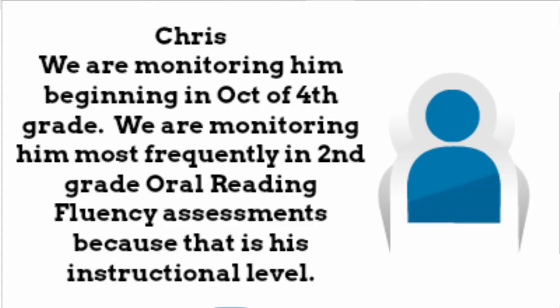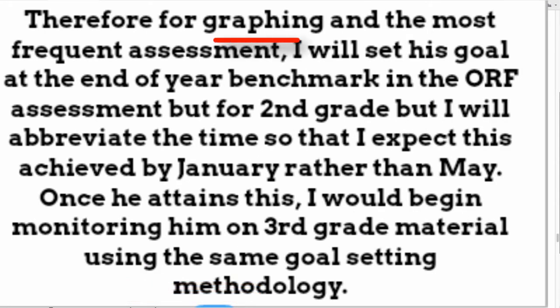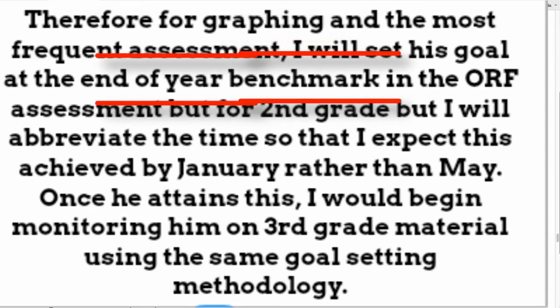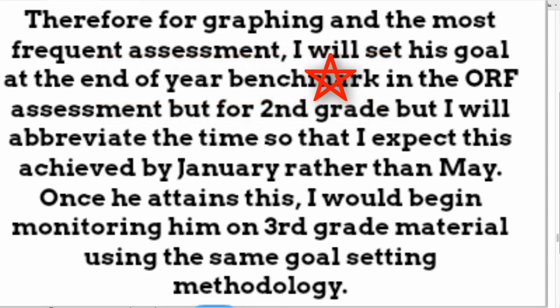So let's take our Chris example and say we are monitoring him starting around October of his 4th grade school year, and we're monitoring him most frequently, remember, in our 2nd grade oral reading fluency assessment, 2nd grade because that's his instructional level. So, for graphing and the most frequent assessment, we're going to set his goal at the end of year benchmark in the oral reading fluency assessment in 2nd grade material, but we're going to shorten that time that we want him to get there.